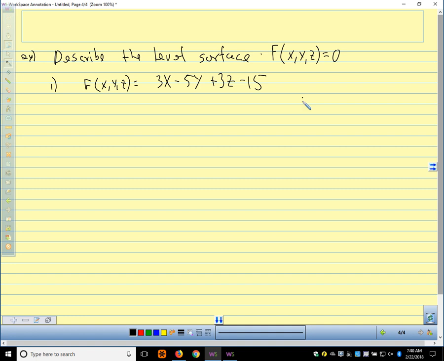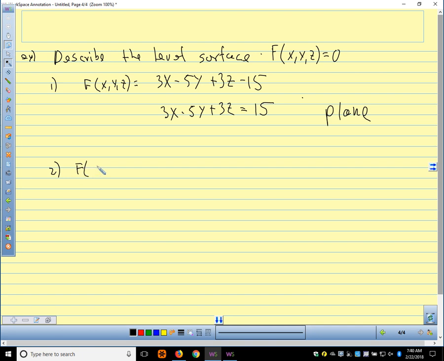So we're looking at the surface 3x minus 5y plus 3z minus 15 equals 0. What is that thing? If we set that equal to 0, then 3x minus 5y plus 3z equals 15. That's a plane. And if we wanted to plot the plane, we set 2 coordinates equal to 0, plot a point on the x-axis, the y-axis, and z-axis, and we get a little triangle in the first octant, where it cuts through the first octant.